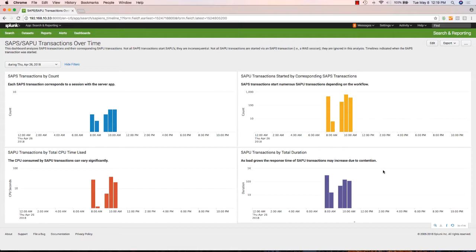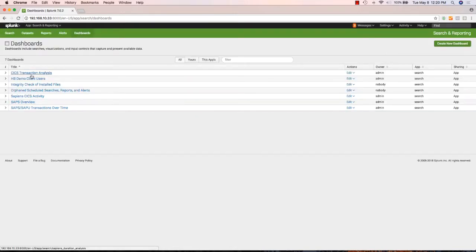Think of it as the response time, because this system can become so constrained that we want to be able to look at how, as load goes up, the response time of the SAPU transactions goes. So this is just one example of a dashboard that we created to help them begin to visualize what was going on.